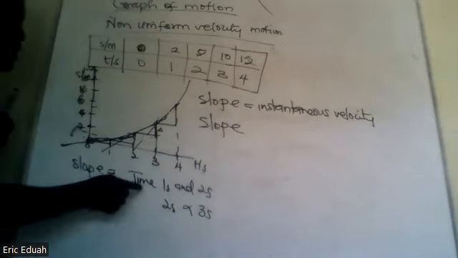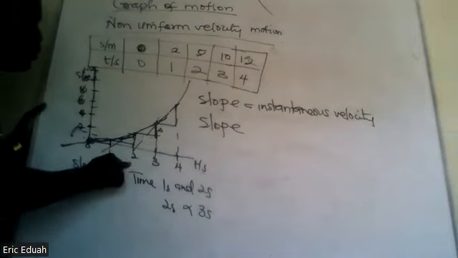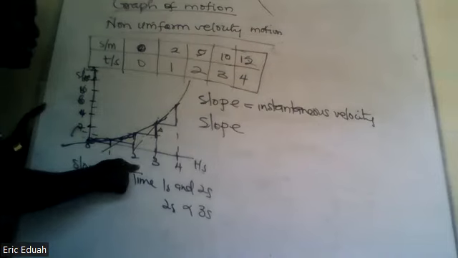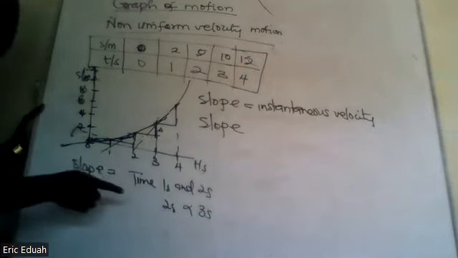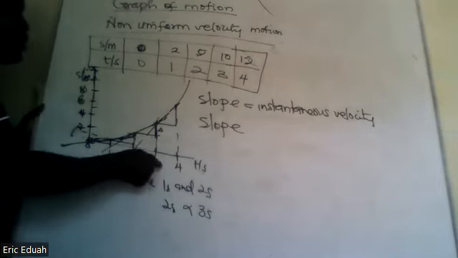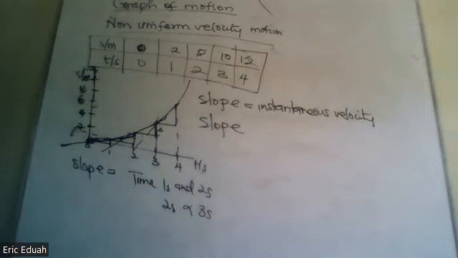So that is why the velocity within the time interval 3 to 2 will be greater than the velocity within the time interval 1 to 2. And certainly the velocity within the time interval 4 to 3 will be greater than all the others. Mami, Araba and Bedo, are you okay?